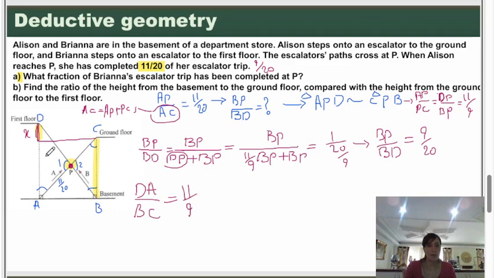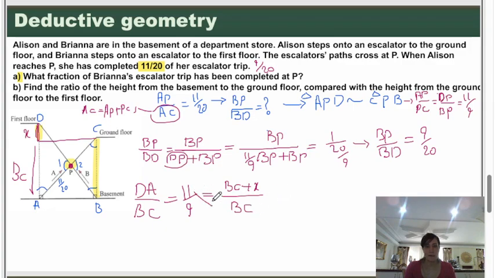And we know BD, I can write it as BC plus X, since this side is exactly BC. So I substitute BC plus X over BC.